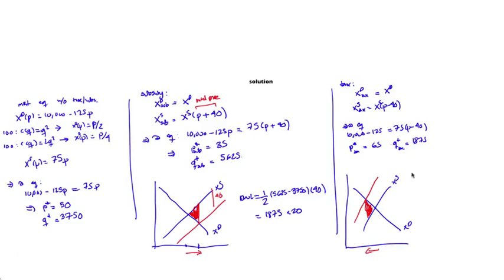And it's very easy to compute that in this case, the deadweight loss is going to be equal to 1/2, again the area of a triangle, times the difference between the optimal quantity and the quantity produced, which is again 1875, times this gap, which is equal exactly to the amount by which the supply curve has shifted, which is 40. So we get again 1875 times 20, and we get that the two deadweight losses are the same.